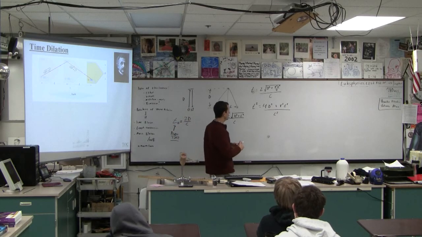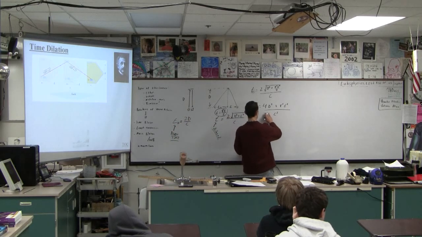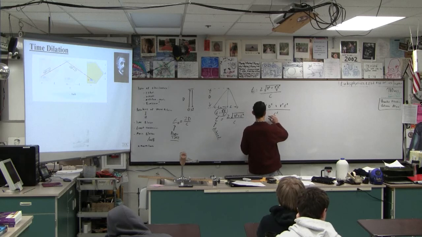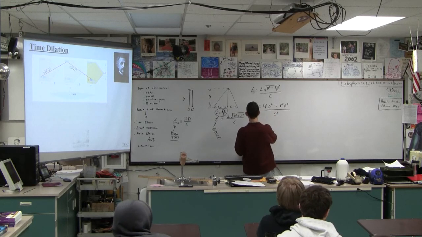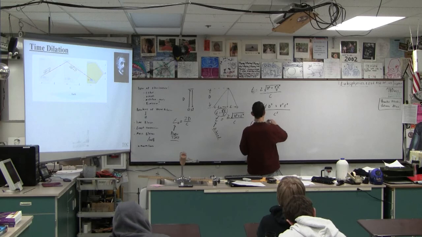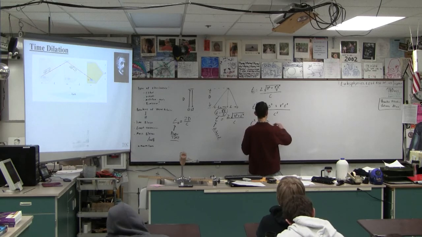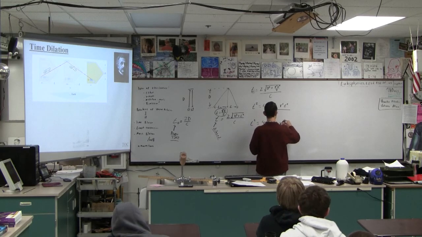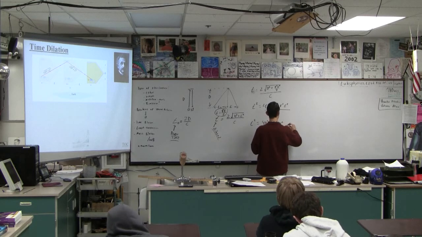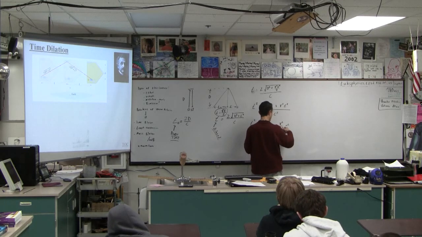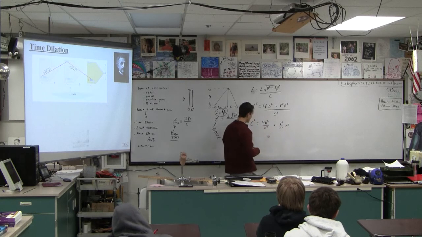And then I think what we want to do is take these guys and go t squared equals 4d squared over c squared. In the formula, there's a v squared over c squared, so we're getting close there.